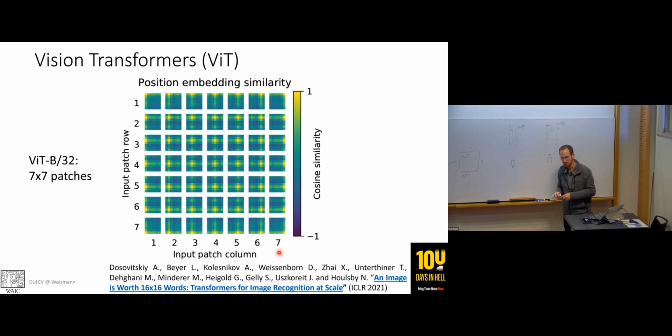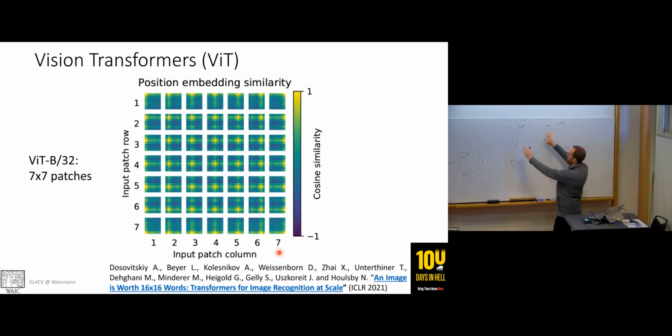See, so it's only initialized to be random once. And then gradients are propagated, and what we are seeing here is the result of these trained position encodings. So what is the optimal way of encoding the position of each and every one of the vectors?